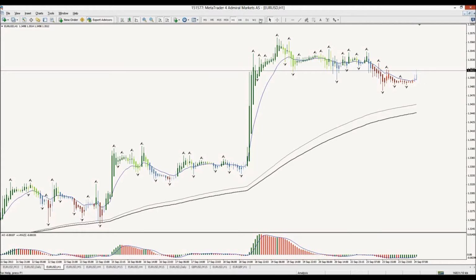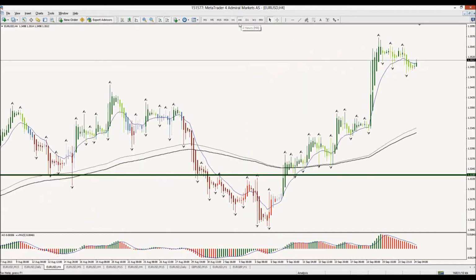It's a great way for me to see what the psychology of the market is. It's not really for trading. Yeah, it changes colors indeed.